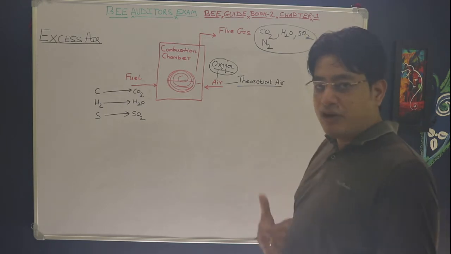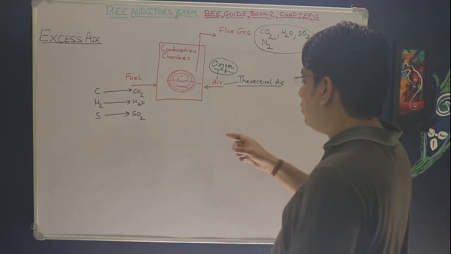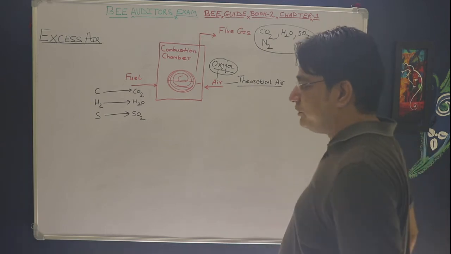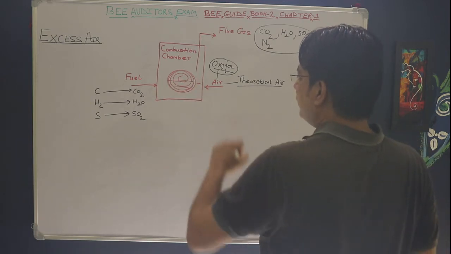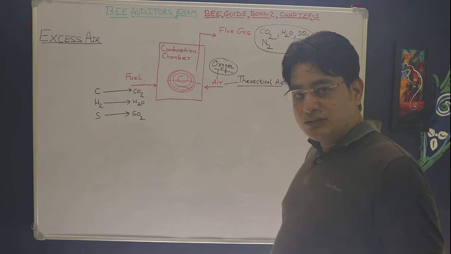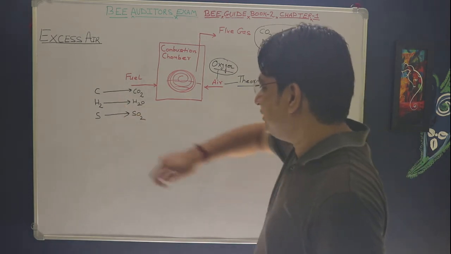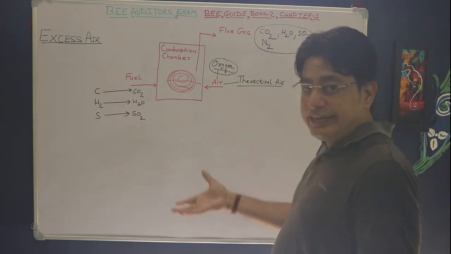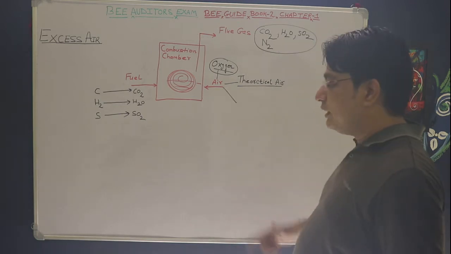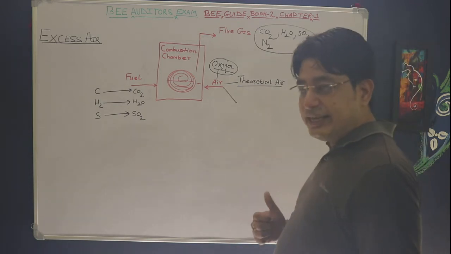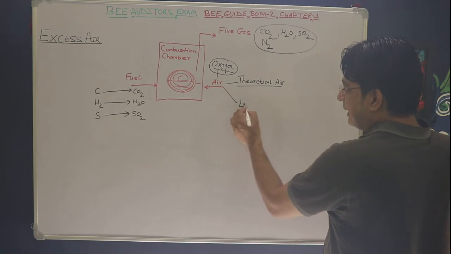So remember, as I have already told you, for good combustion only this much air is not sufficient, because proper mixing of fuel and air is also required, so that all the reactions that are involved can take place effectively. So in addition to this theoretical air, I will also supply some excess air.